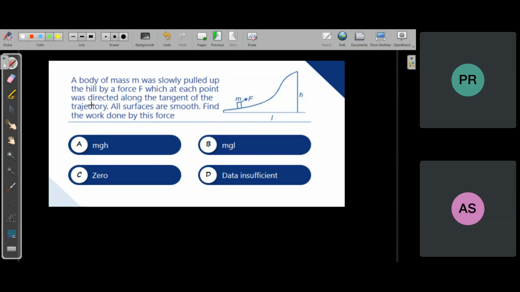The tangent will be different at different points. Everywhere it is along the tangent, but the tangent is in a different direction, which means the force is variable. The force is changing direction, but it is along the tangent.